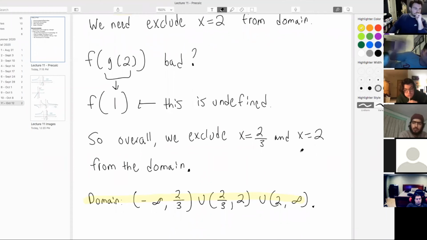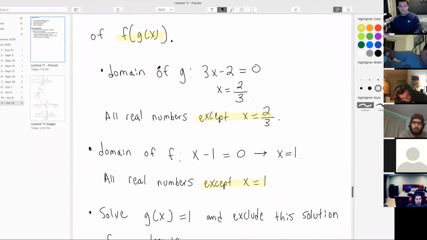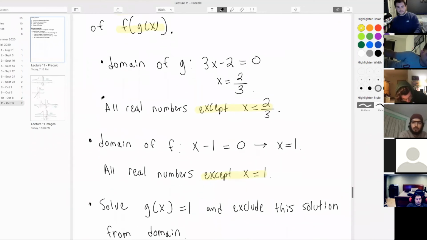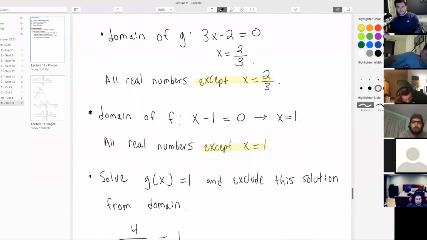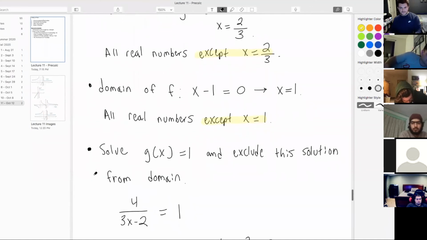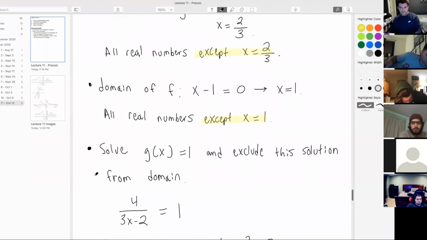Like you first solve the domain of g of x, right? Yes, that was up here. And then I set g of x equal to the excluded values of f's domain. Right, and that was this step right here. And then those two values will be your domain.